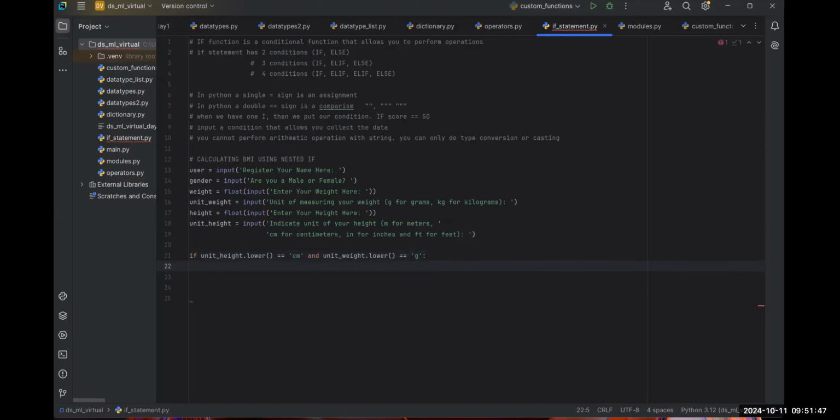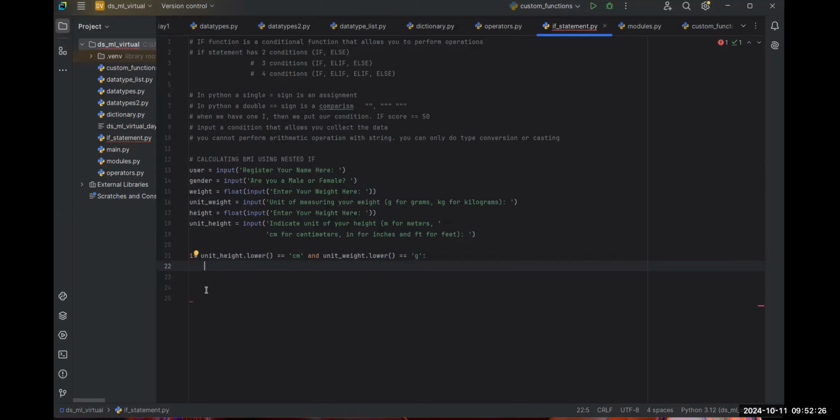Now, what happens when unit weight dot lower is equal to cm, and unit height dot lower is equal to cm, and unit weight dot lower is equal to gram? Immediately I click on the enter button, you can see where this started. It didn't start from the edge. All this conventional way of writing is important. When you start from the edge, it annuls the if statement here. So the if statement continues from here now.